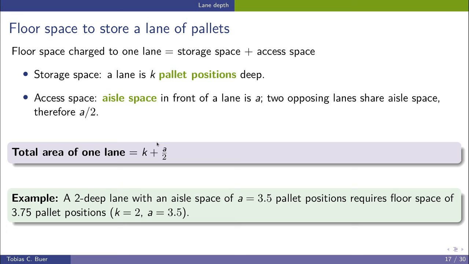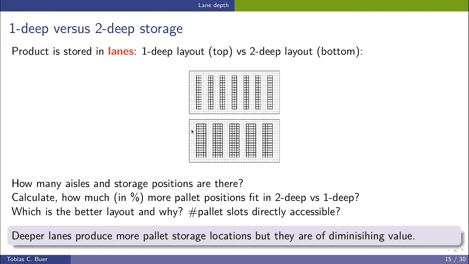So the total area that we require for one lane of pallets is equal to the number of pallets k plus the aisle space divided by 2. If I go back to the picture, you see there are always two opposing lanes. This 2 deep lane and this 2 deep lane, they share the aisle space of 3 pallet positions, right?